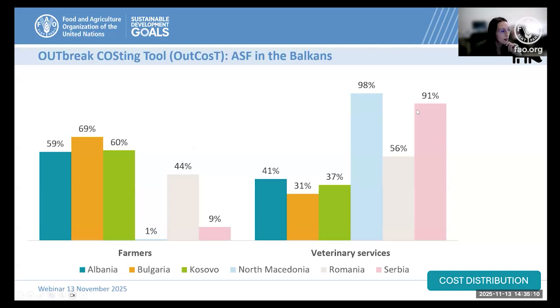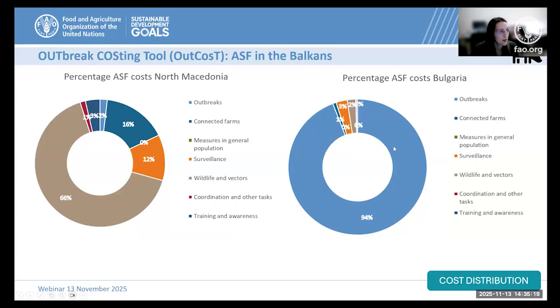And by looking now at Bulgaria and North Macedonia, we will break down these costs. As I mentioned before, for North Macedonia, you had the majority of costs in wildlife and also a little bit in farms that were at risk and in surveillance. Then in Bulgaria, you had almost everything related with the control of the outbreak in affected farms.